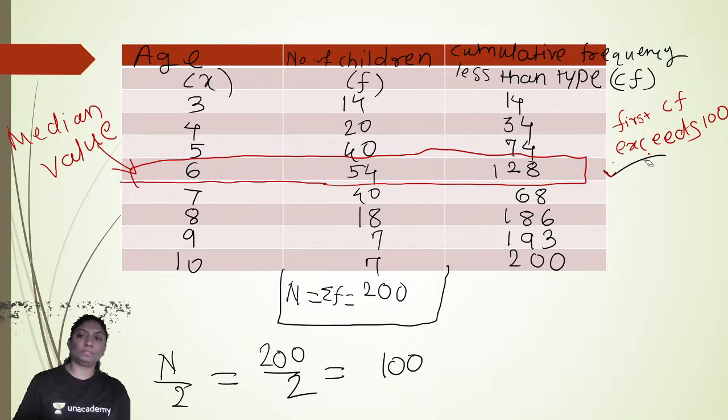Therefore, corresponding to that 128, which is the modal class, modal value, sorry, median value, I'm extremely sorry, the median value is 6.